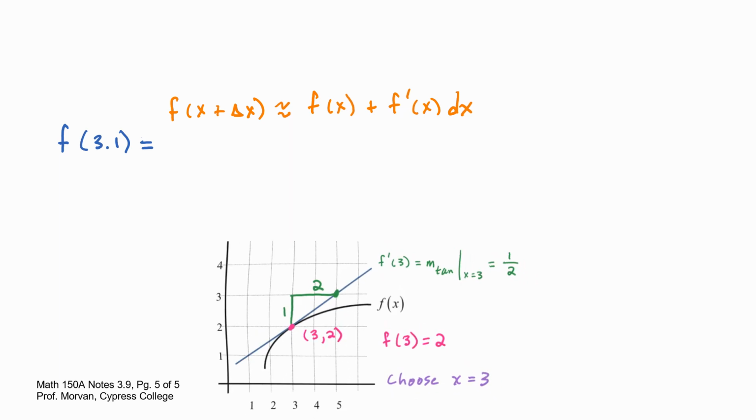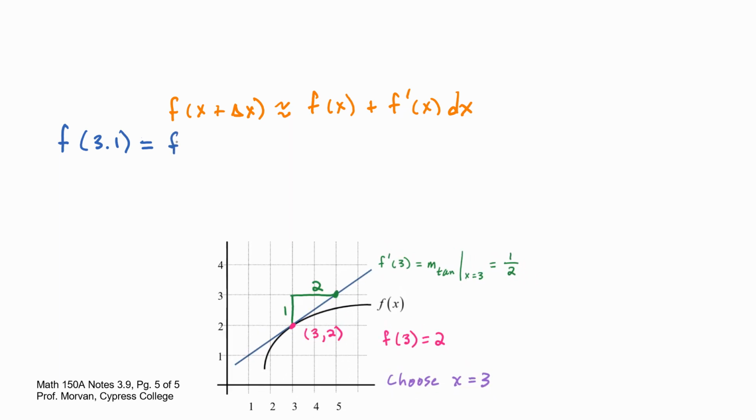So we want to approximate f of 3.1, and we know that we want to apply this approximation formula of f of x plus delta x is approximately equal to f of x plus f prime of x dx. Let's bring the graph back up.